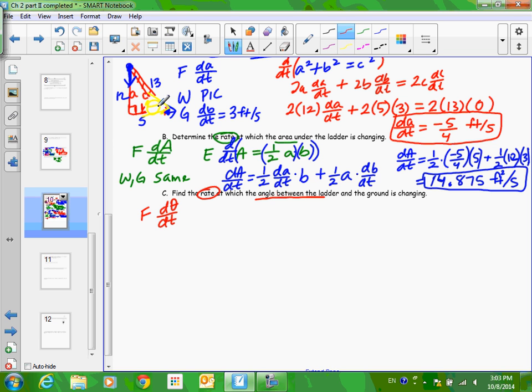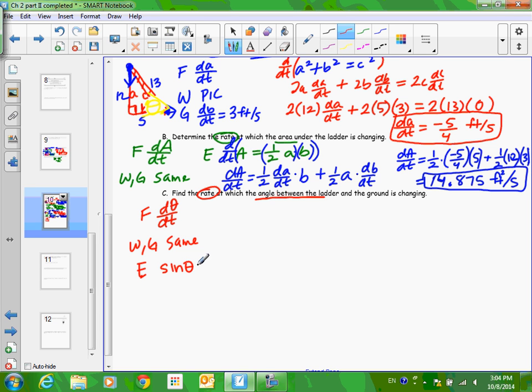So W and G are going to be the same, but we've got to come up with an equation. And this is where we're going to have to use trig. We can use sine, cosine, or tangent. Which one of those do you think is easiest? Sine. Okay, sure.